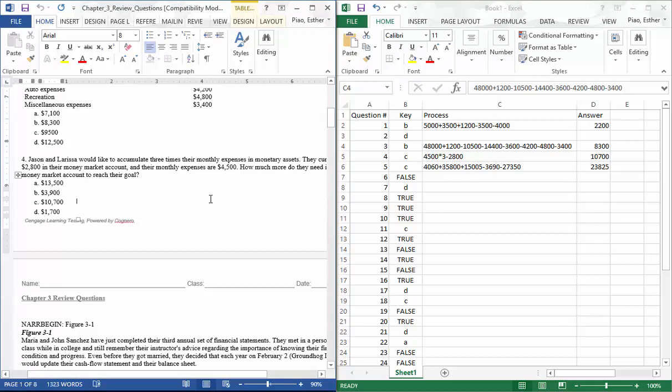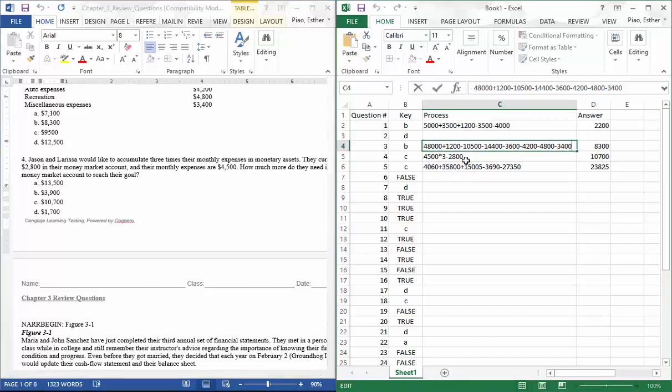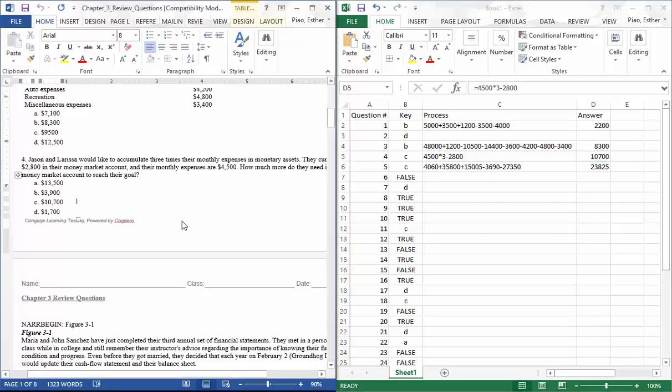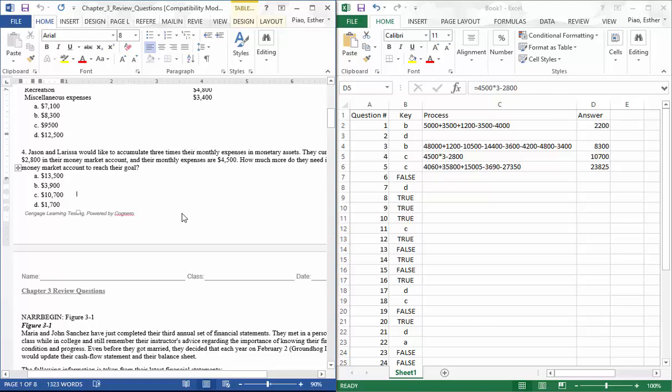They want their monetary assets three times higher than their monthly expenses. Since their monthly expenses are 4,500, we multiply by 3 and subtract the current savings in the money market account, and we come up with 10,700. This is the amount they need to have a liquidity ratio of 3 or above. So the answer is C.